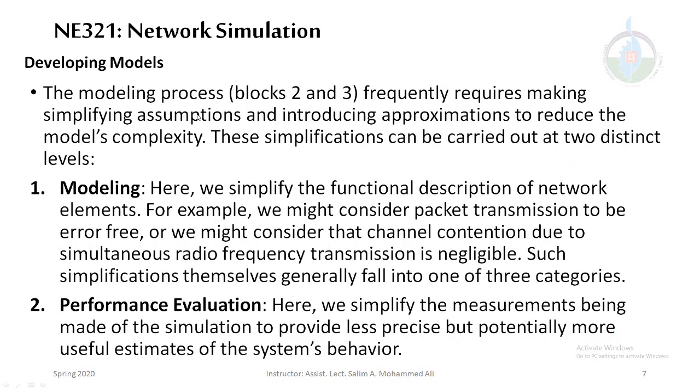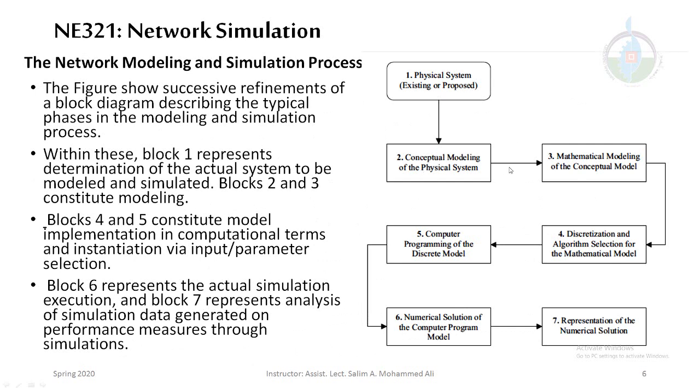Developing models. The modeling process in blocks 2 and 3 frequently requires making simplifying assumptions and introducing approximations to reduce the model's complexity. Before we said that in terms of simulation, we cannot encompass every aspect of a physical system.